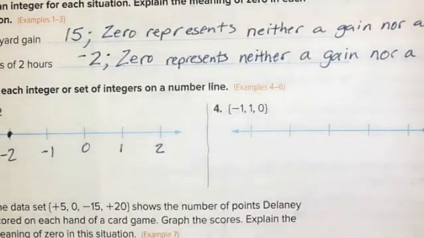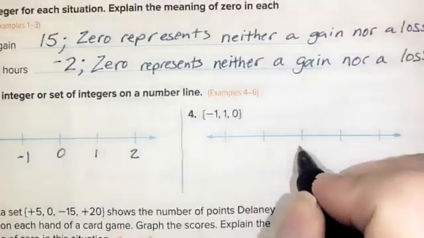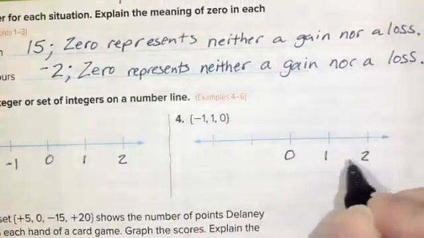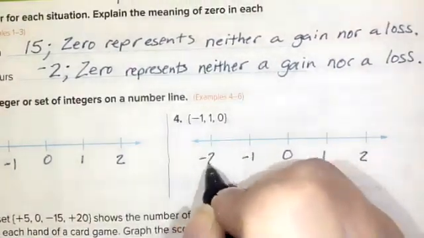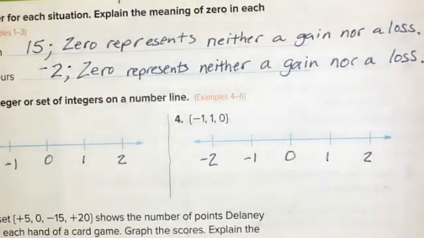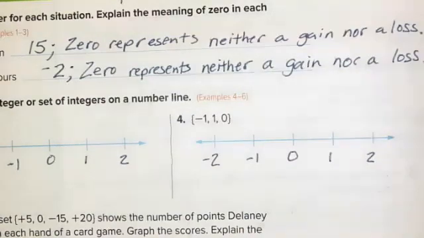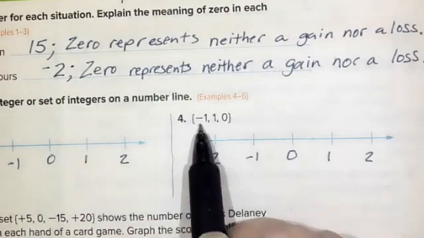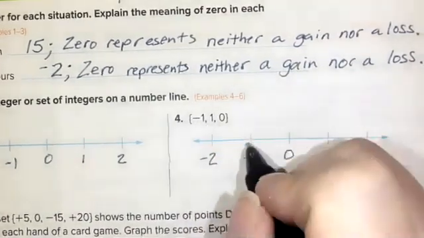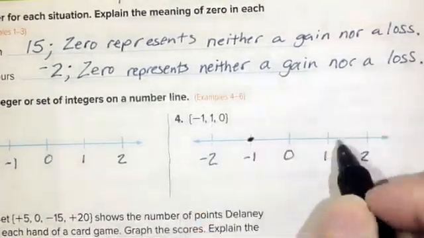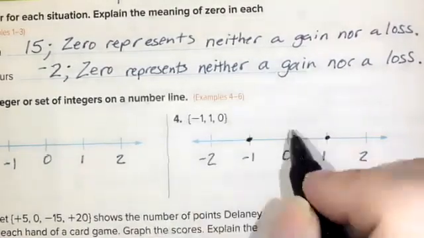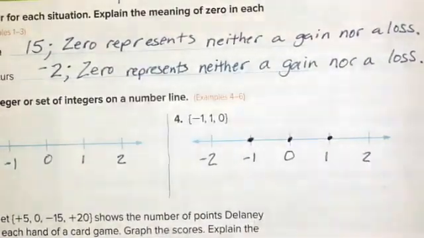But these will all easily fit. So we put the 0 here, 1, 2, -1, -2. So we have our number line. Now that we have our number line labeled, we can plot these 3 points. So -1 will get graphed here, +1 will be graphed here, and 0 will be graphed here.